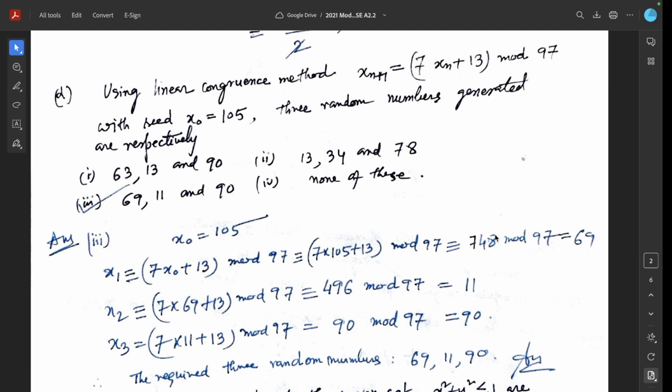Divide 748 by 97 and the residue is 69. X2 equal to (7 x1 plus 13) modulo 97, so 496 modulo 97. Divide 496 by 97, residue is 11. And similarly x3 equal to 90. So actually these three pseudo random numbers are 69, 11 and 90. Correct option is 3.